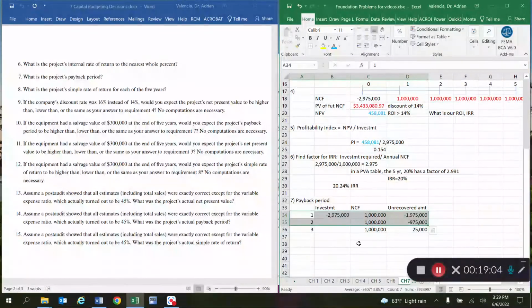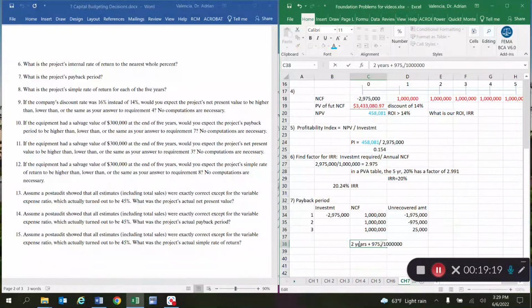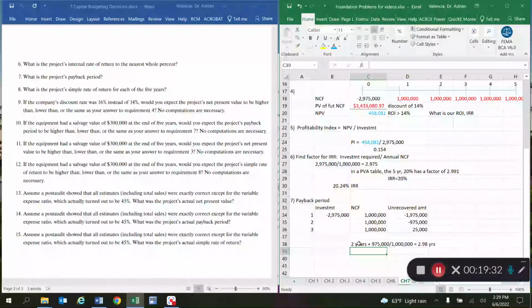So it's going to be 2 years plus 975,000 out of $1 million for that 3rd year. And what you end up finding is that it's going to take you 2.98 years roughly to get your money back, and that's the payback period method.